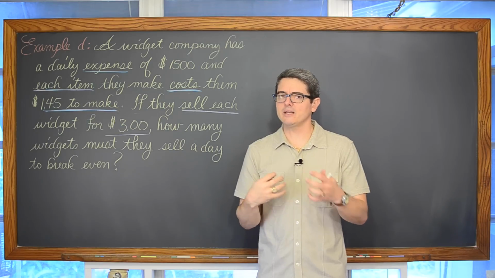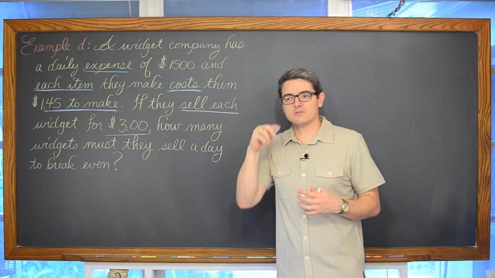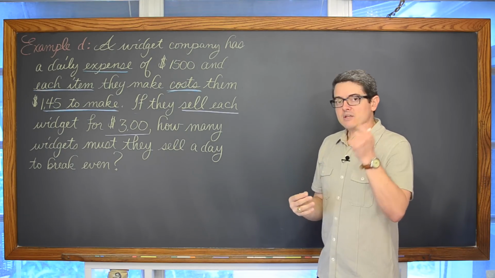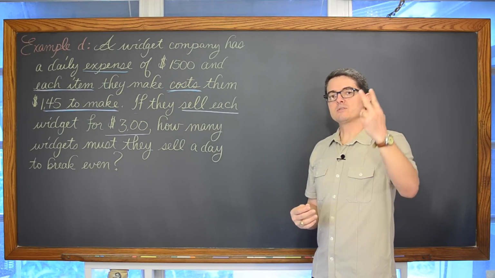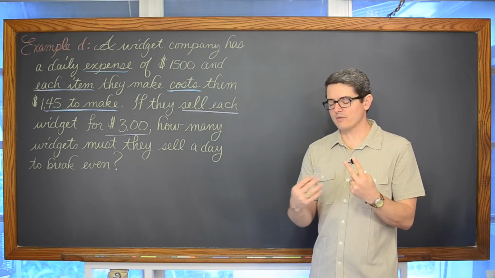I was about to write the equation, but a discussion about independent and dependent, domain and range, explanatory and response. You have an expense, you're making widgets. What is helping to determine one variable over the other?